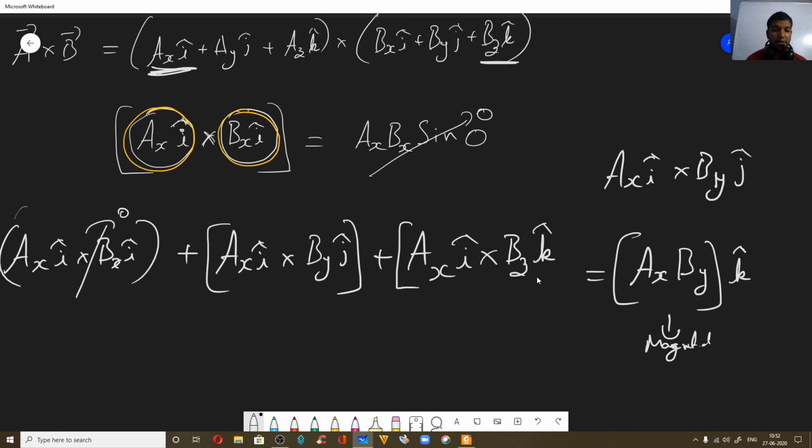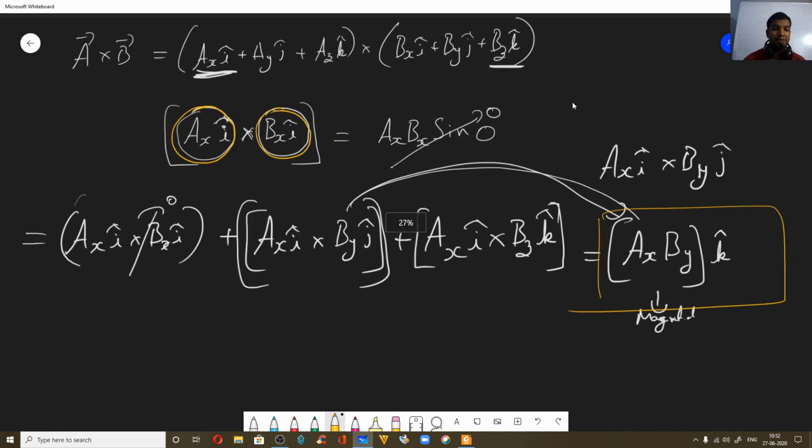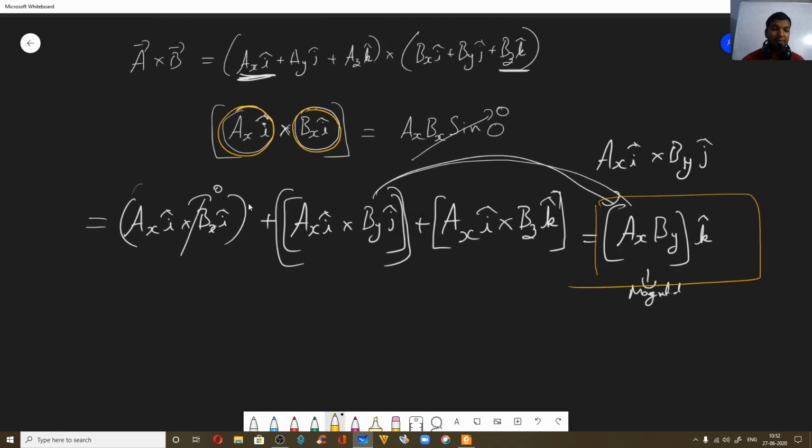Now since you know the trick, try to get the complete expression. Try to write everything in this form. I have solved for this second term here. How many terms are you supposed to get? 3 into 3, 9, correct? So 9 terms you should get, of which 3 terms will become 0.